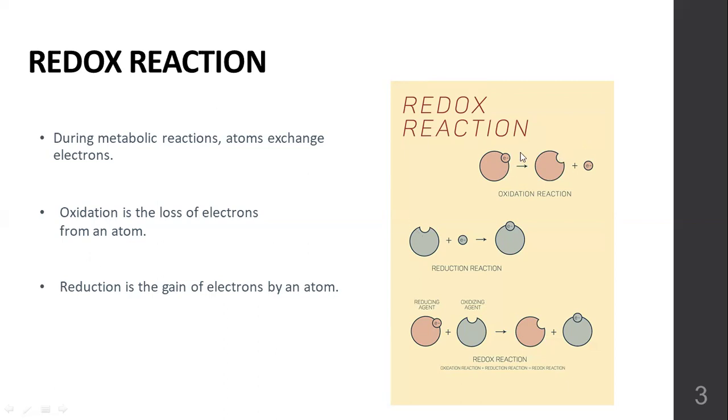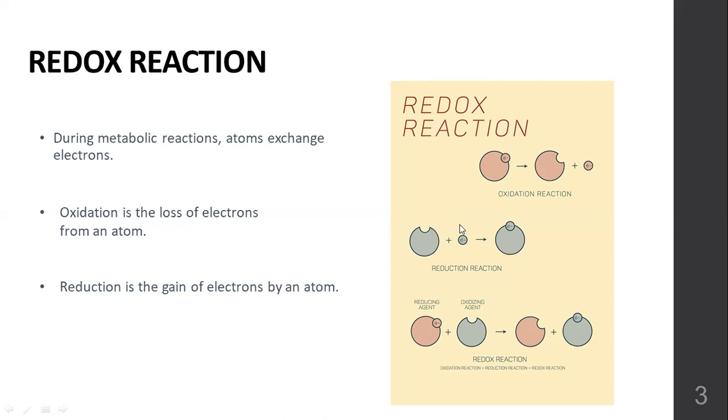Here you can see in oxidation, if you see the image, one electron is lost and now this shell is empty. This is an oxidation reaction. This atom has lost its electron. One empty atom has a space for an electron to come and enter it. This is a reduction reaction.